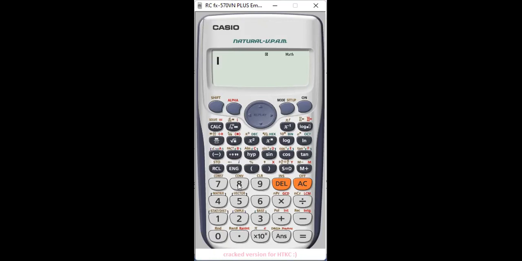Therefore, we are using a scientific calculator. 85 times 85.81 times.